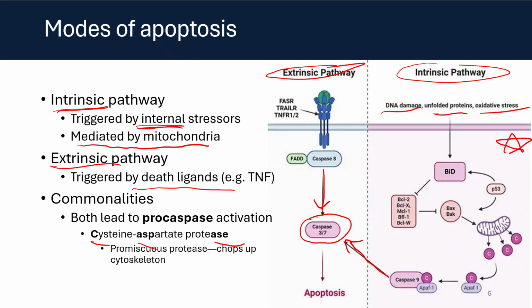That right there is a clue that we have some sort of catalytic dyad in a protease that is working to chop up critical proteins inside the cell. It is a somewhat promiscuous protease that loves to munch at the cytoskeleton in particular, the thing holding the internal infrastructure together. So you can imagine how once the cytoskeleton is gone or weakened, things can fall apart rather quickly.